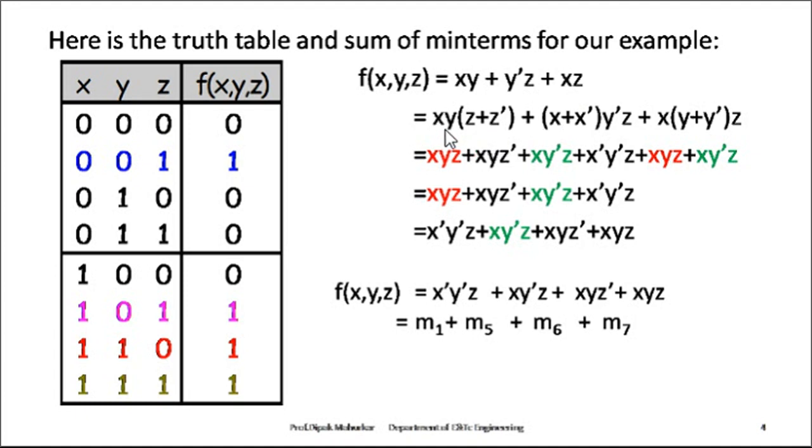Now, after multiplying each term with these variables, we get xyz + xyz' + xy'z + x'y'z + x'yz + xyz + xy'z, where y' we can call y bar, meaning complement. Bar means nothing but complement.